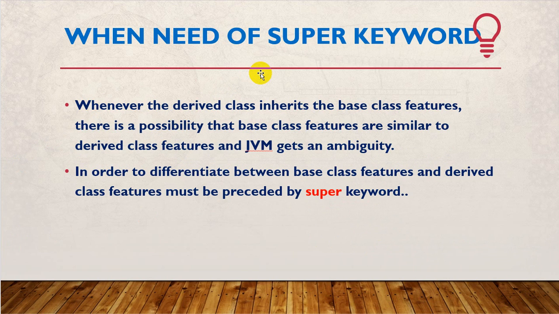When is the super keyword needed? We'll see the usage of the super keyword and where we can use it. Whenever the derived class inherits the base class features, there is a possibility that base class features are similar to derived class features, and the JVM gets an ambiguity.